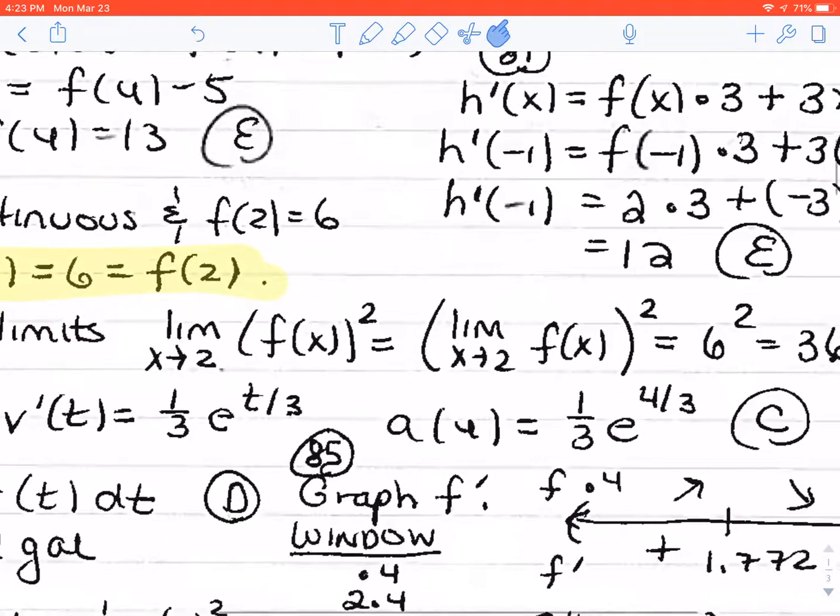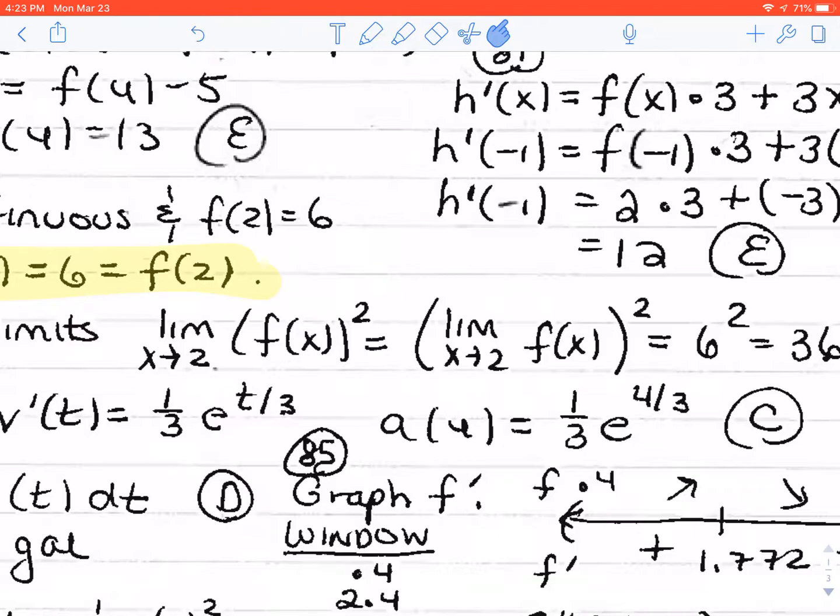The reason is because we can find the limit as x approaches 2 of f of x. We know that. It's 6. And we have a property for limits that lets us figure out the limit of the inside and then square that entire quantity. So since the limit as x approaches 2 of the function was 6, 6 squared is 36.